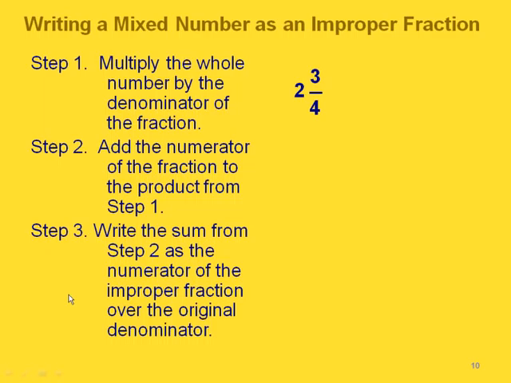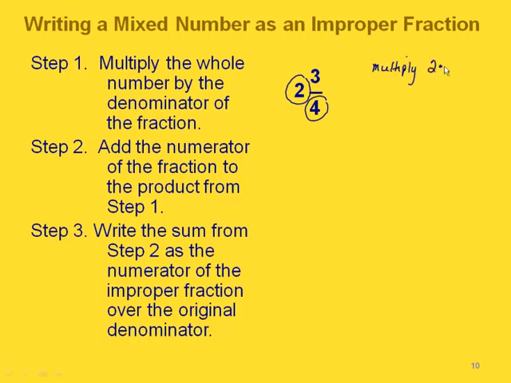Okay, with the definitions we talked about proper fractions, improper fractions, and mixed numbers. So now let's look at how we would go from a mixed number to an improper fraction. If we start with a mixed number, like 2 3/4, and we want to write it as an improper fraction, then the first step is to multiply the whole number part, which is the 2 here, times the denominator of the fraction.